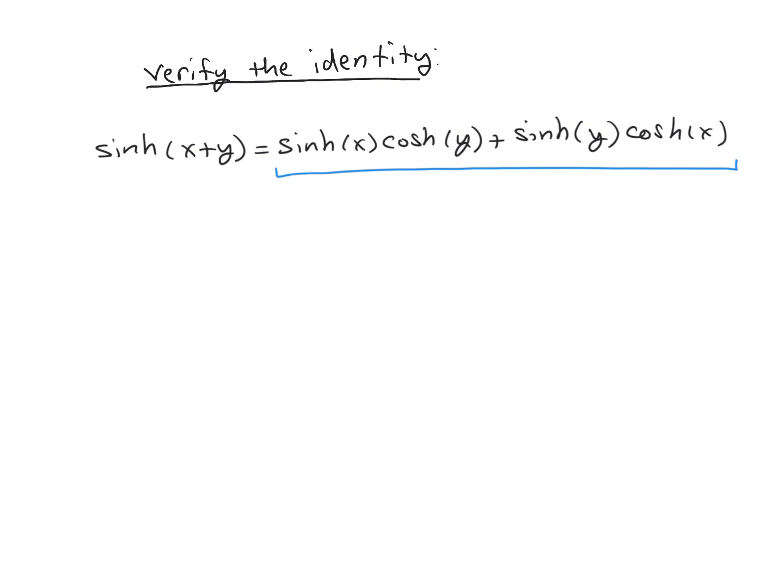So to do that, we're going to start off with this quantity, which again is the sinh of x times the cosh of y, plus the sinh of y times the hyperbolic cosine of x. And then we're going to replace it with the definition.